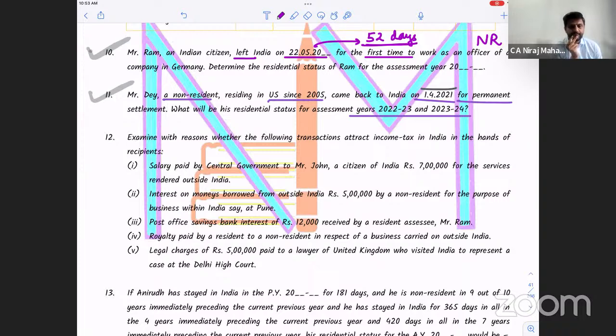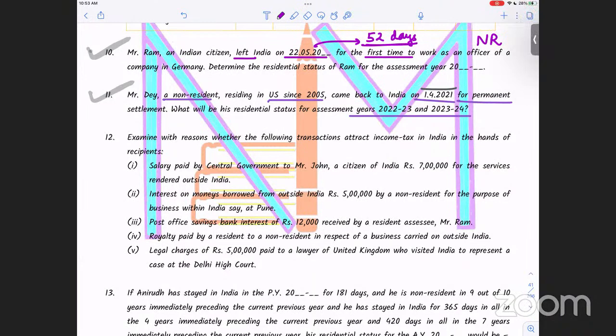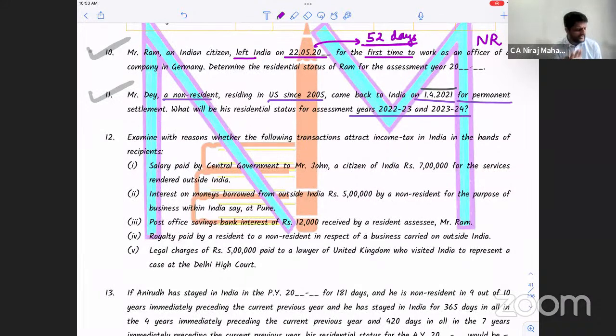It is not applicable. Basic condition number 1 is not satisfied, basic condition number 2 is not applicable, and since both basic conditions are not satisfied, therefore he is NR for the year. Clear?